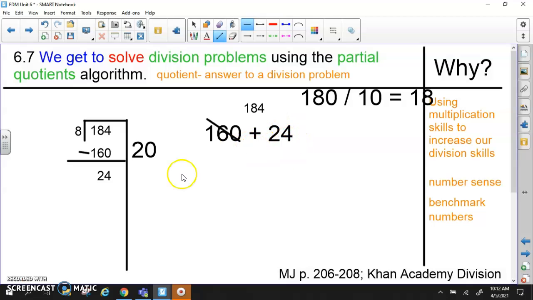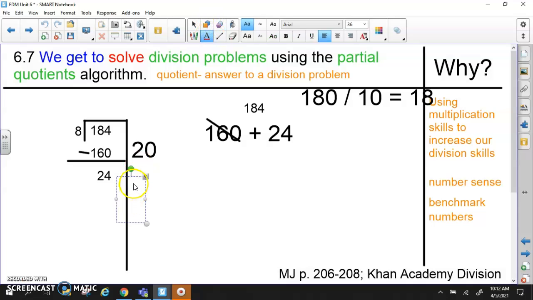So I have that 24 left over, right? I know that there's a relationship between 8 and 24. If you look in your multiplication chart, you'll see that 8 times 3 is 24, right? So we know that 24 divided by 3 is 8, or 24 divided by 8 is 3. That would be another way to say it.